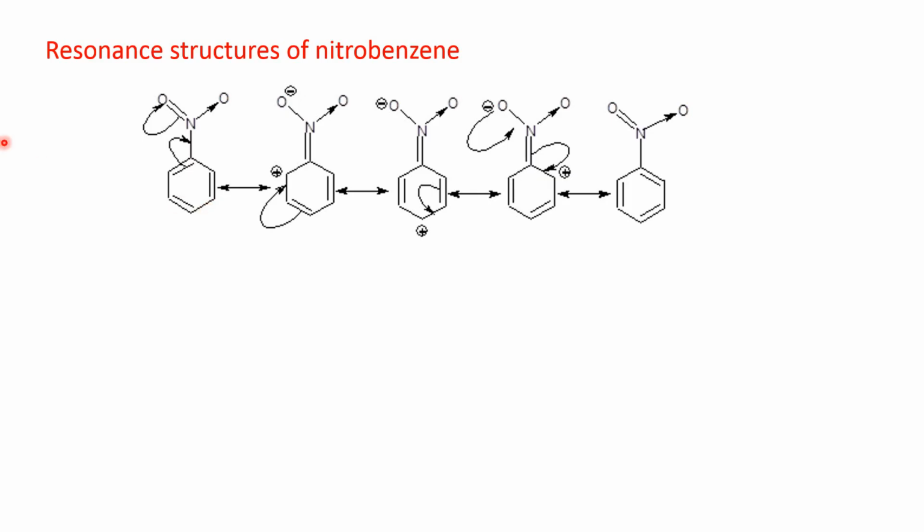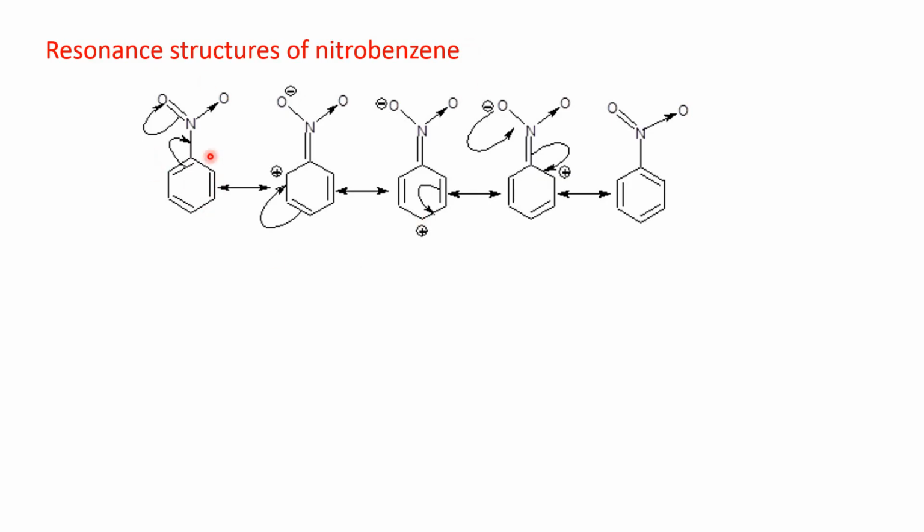We know the reason, because if it undergoes electrophilic addition reaction, then the aromaticity is destroyed. That means stability is reduced. So it undergoes electrophilic substitution reaction where aromaticity is retained. That means stability of the molecule is retained.